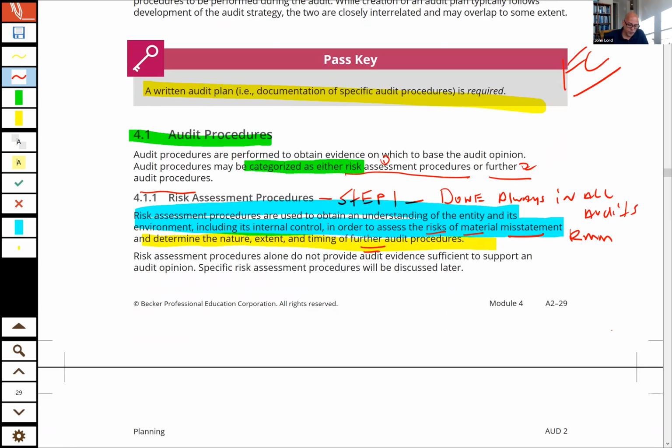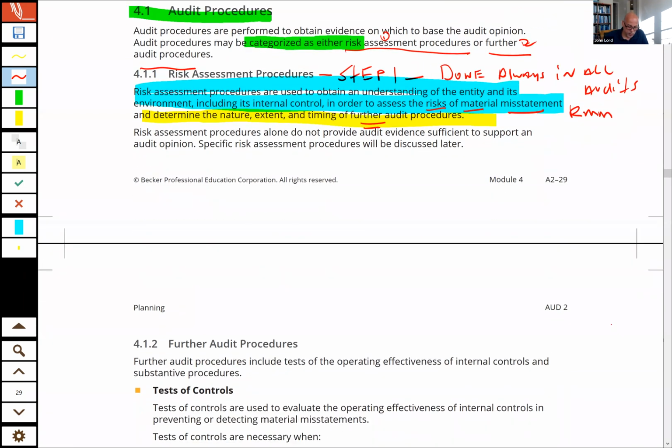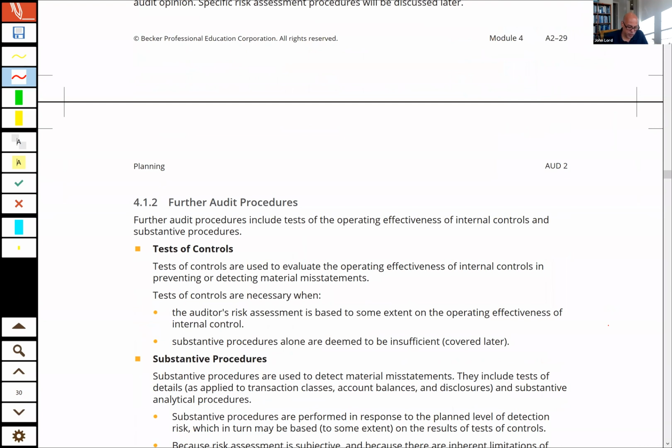So you come over to the next page here, and here we go, further audit procedures. So this is what? Step two. Now, I'm calling them steps. The standards don't call them steps. They call them risk assessment procedures, and then they call them further audit procedures.